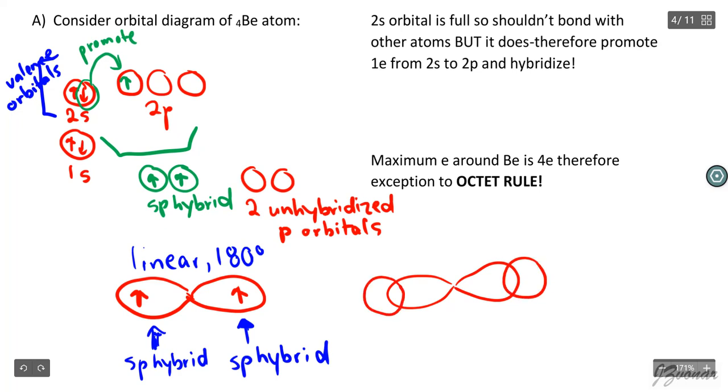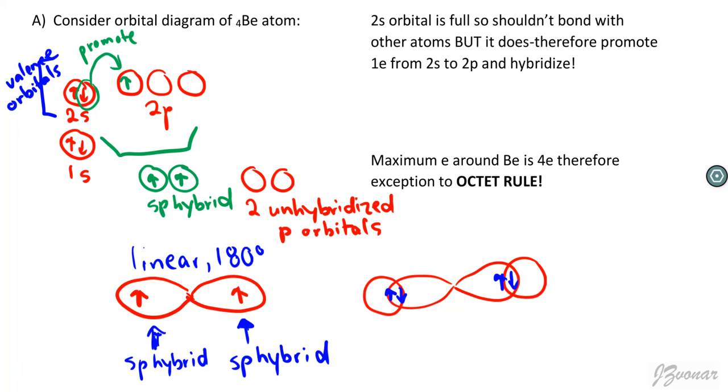You're going to have one electron from the sp hybrid of beryllium along with one electron of hydrogen. They will come close to one another, overlap, and hybridize.